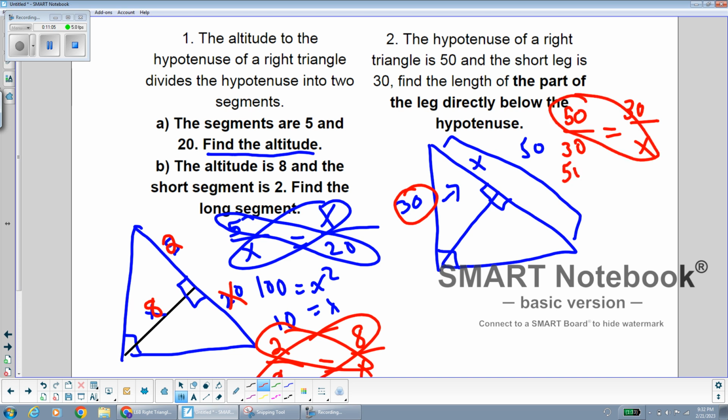So here we have 50x is equal to 900. All we have to do here is divide 900 by 50. Let me get my calculator out. And that is 18.